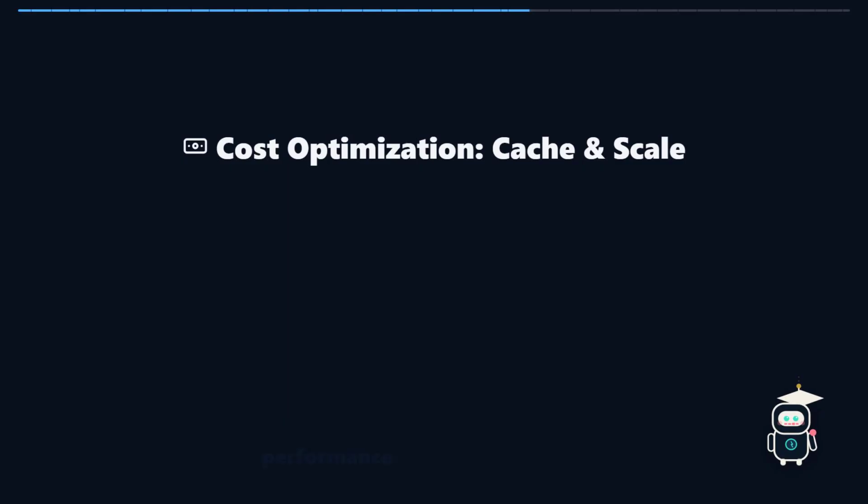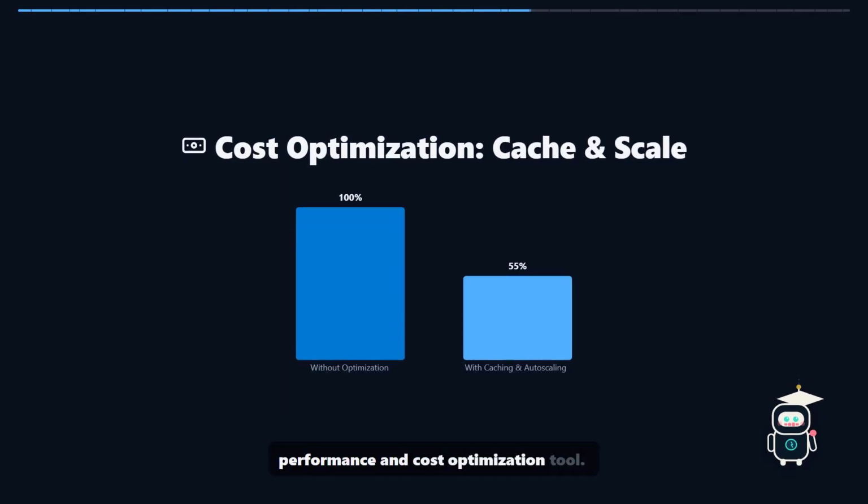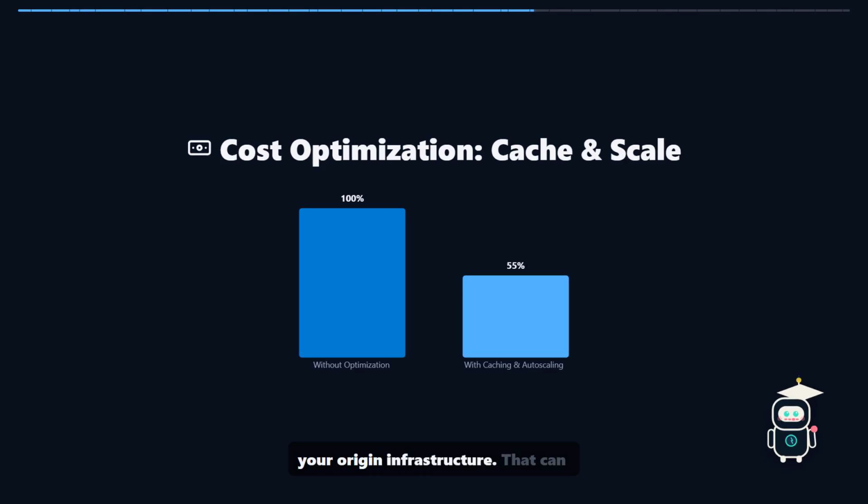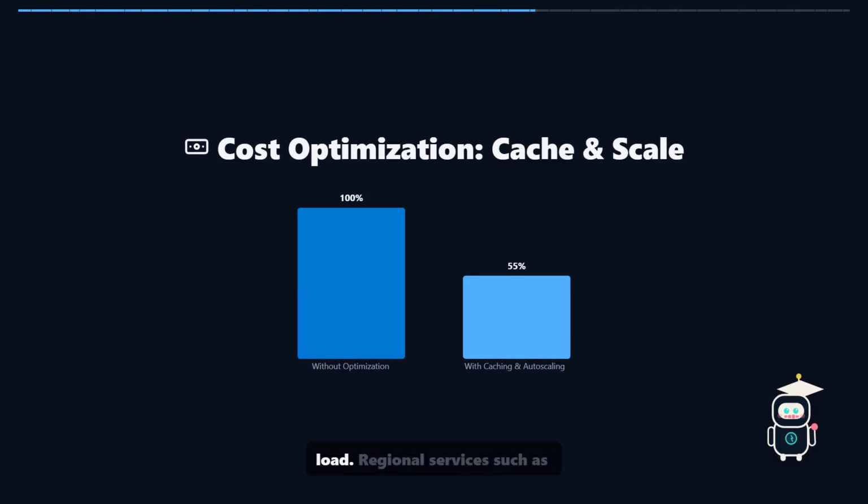Caching can be both a performance and cost optimization tool. When Front Door serves cacheable static content from Microsoft's Edge, fewer requests need to reach your origin infrastructure. That can reduce origin traffic and application load.